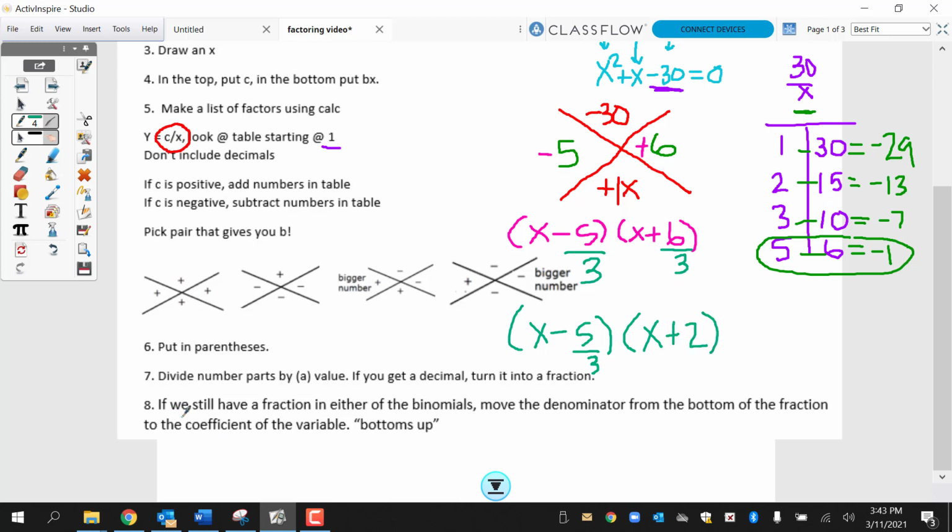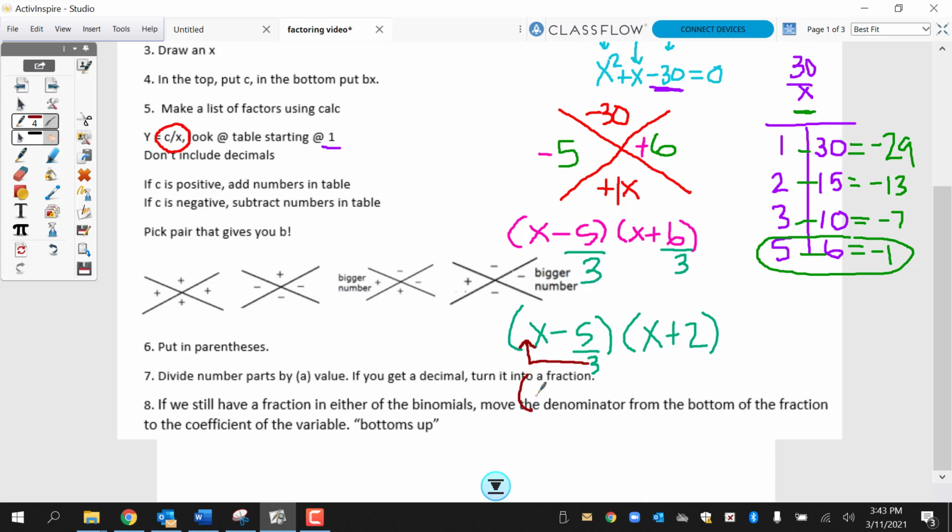Last step, if we still have a fraction, which we do, we need to move the denominator from the bottom of the fraction to the coefficient of the variable. This is called bottoms up. So we need to move 3. I'm going to slide that into the front of x.